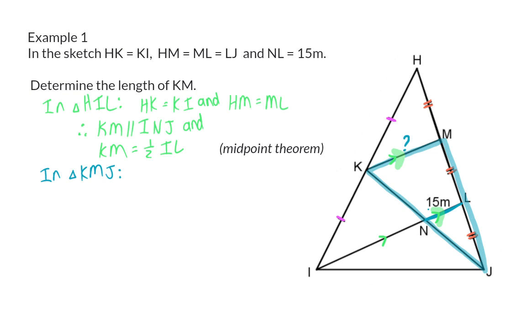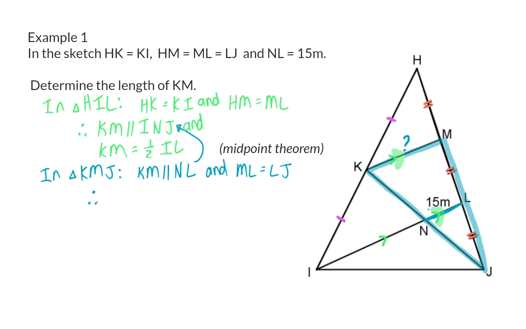So, if we once again start by writing down what we know, our if part, we can say that KM is parallel to NL, and that comes from our previous theorem. And we know that ML is equal to LJ.